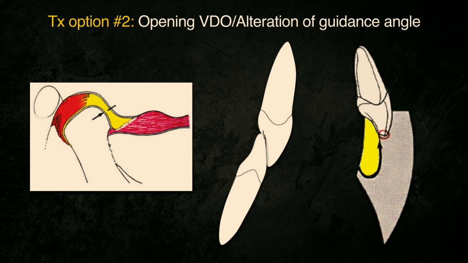If we're going to do this restoratively, one of the things we can do, if you have a bit of a deeper bite, maybe you could go ahead and open vertical dimension. This will increase overjet and decrease the overbite.